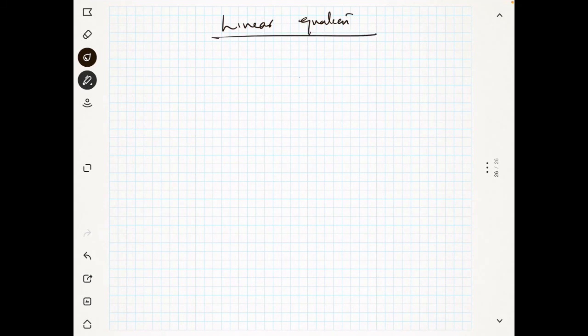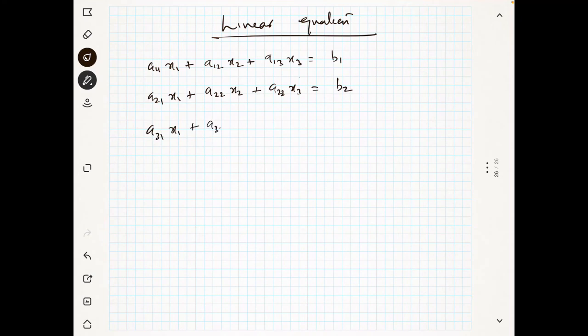Let us consider the linear equations a11 x1 plus a12 x2 plus a13 x3 is equal to b1, a21 x1 plus a22 x2 plus a23 x3 is equal to b2, then a31 x1 plus a32 x2 plus a33 x3 is equal to b3.